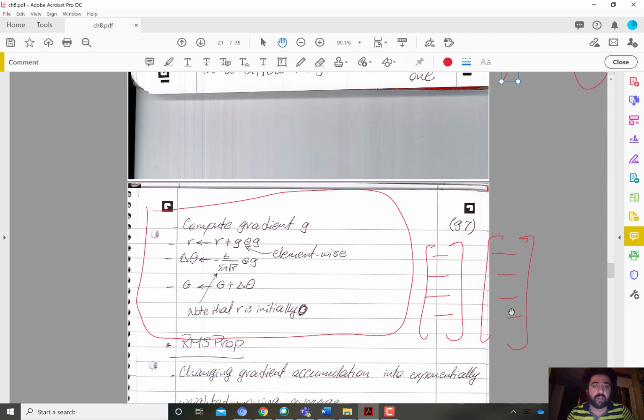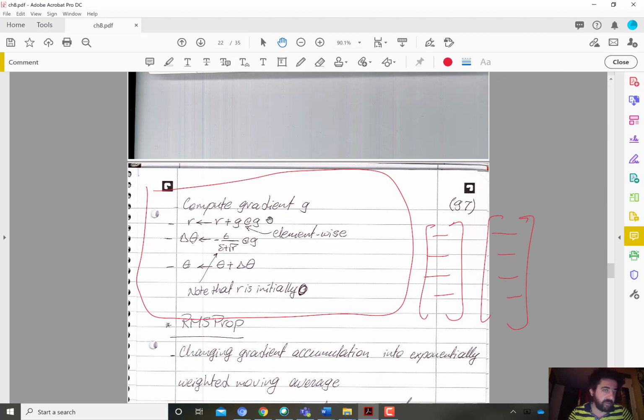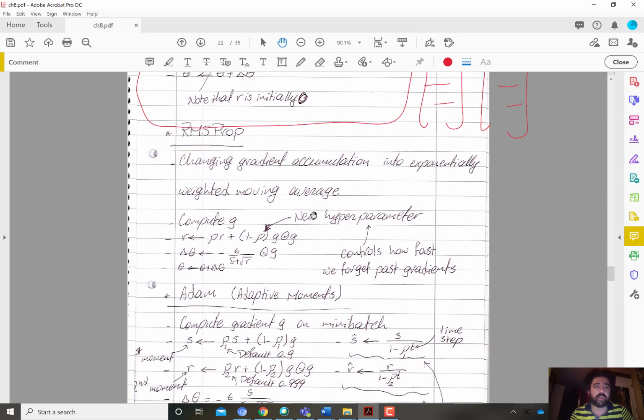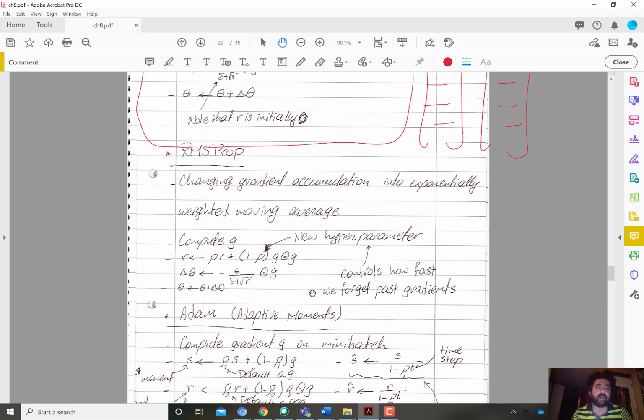So this was AdaGrad, the adaptive gradient algorithm, and basically the modification happens in this step here, R equals R plus G times G. What happens for RMSProp is that we add this discounting factor rho, where rho is less than 1.